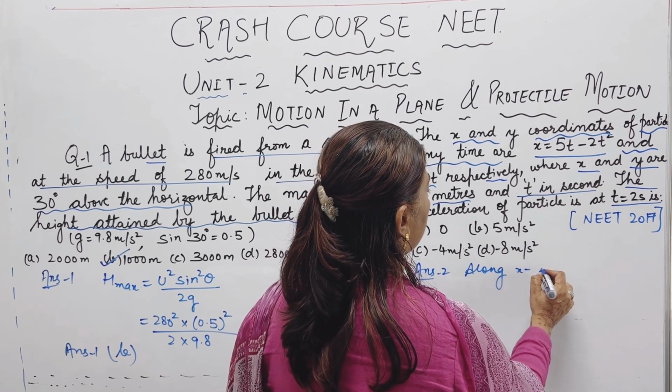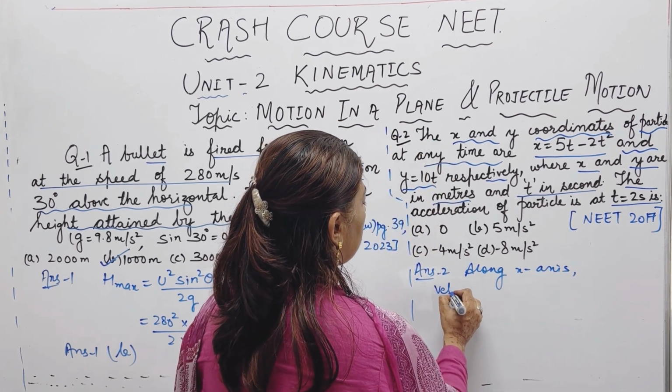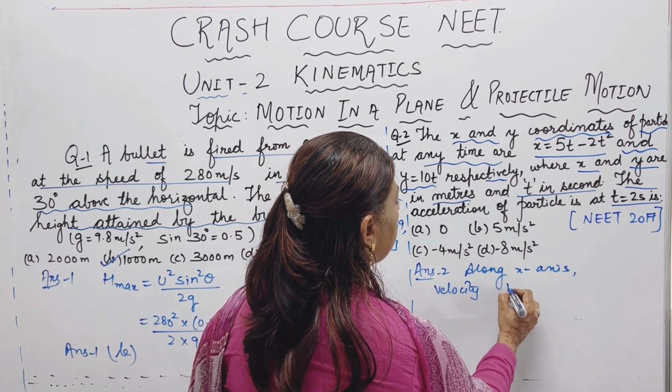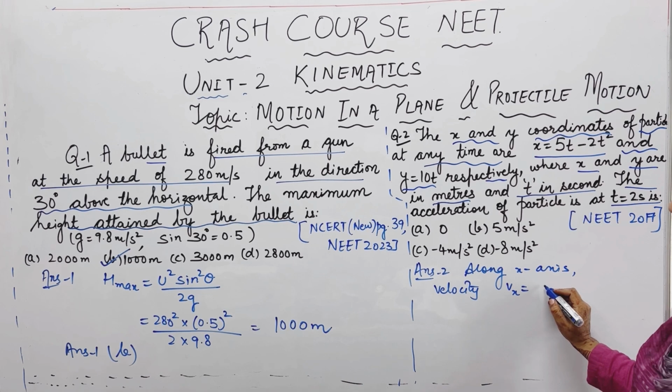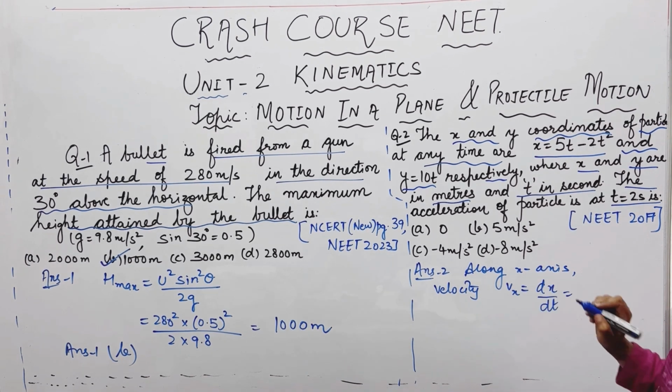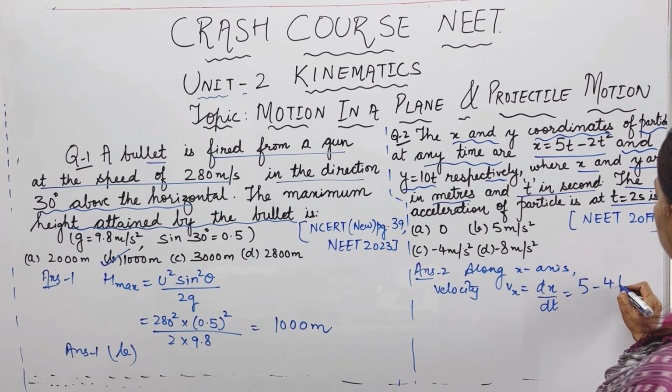Along x-axis, velocity, say Vx, is given by, this is x component. So on differentiating this with respect to time, we will get the velocity, and this is 5 minus 4t.